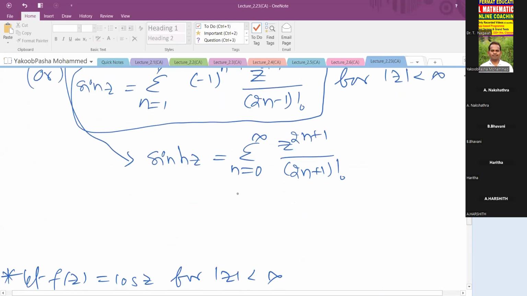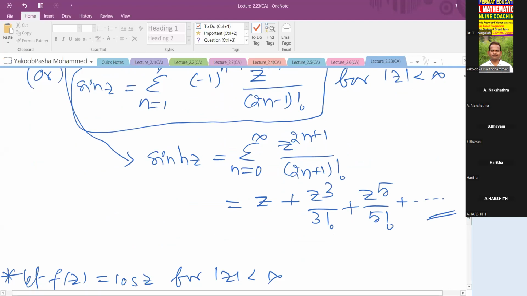The first term is z, for n equal to 0, z by 0 factorial is 1 factorial is 1. Next term z cube by 3 factorial. Next term z power 5 by 5 factorial plus and so on. This is the expansion of sin hz.